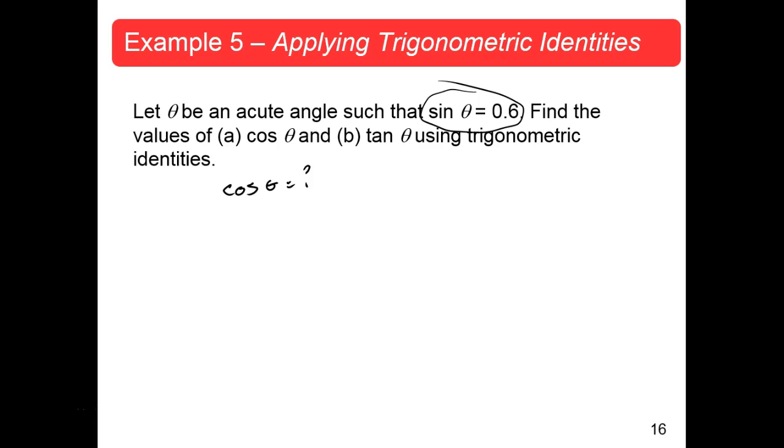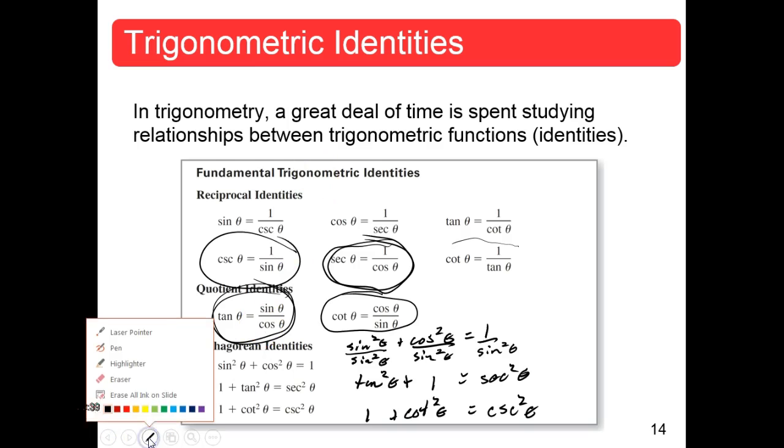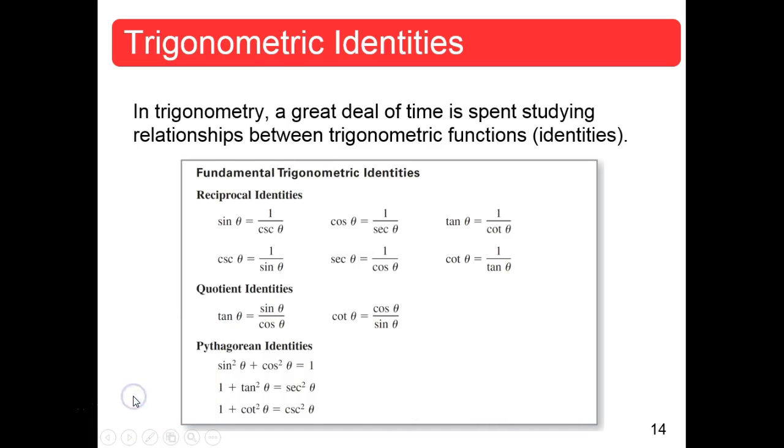What identity relates sines and cosines? The Pythagorean identity. You're absolutely right. None of these relate sines and cosines. This doesn't relate sines and cosines unless you happen to know tangent.